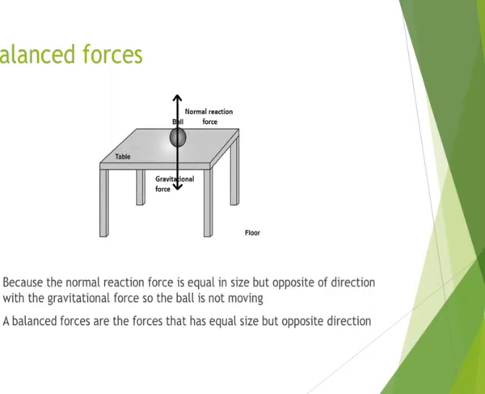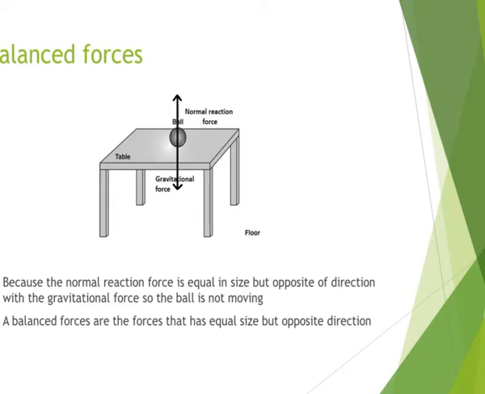First of all, in this case, we have two forces on the ball. The first force, exerted on any object, is called gravitational force and is directed downward. The second force is directed upward, exerted by the table on the ball.